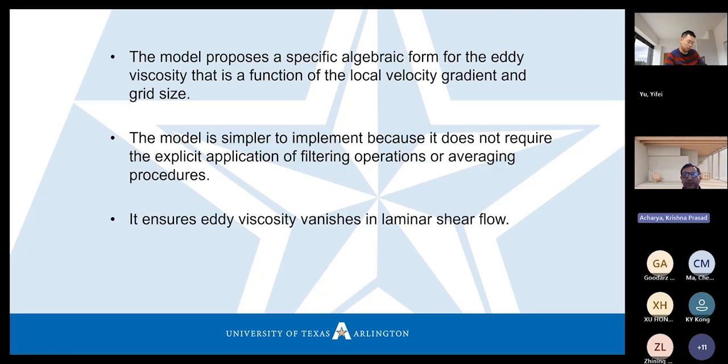The model is simpler to implement because it does not require the explicit application of filtering operations or averaging procedures. The model ensures eddy viscosity vanishes in laminar shear flow.